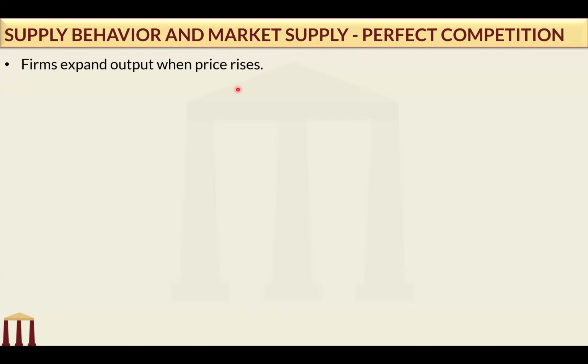If the price of corn increases, say from $3 to $5, this example we are directly taking from the prerequisite, both Mr. Miller and Miss Rivera will have a strong incentive to expand their output, because every additional unit of output will now result in more revenue for them.